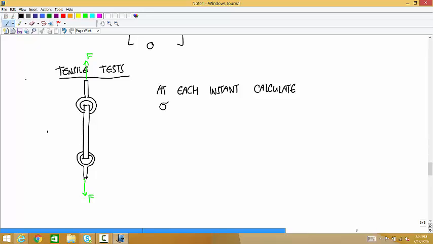the stress, and let's say we're using the x-axis along the axis of the sample in the loading axis. And so at each instant, we're calculating the xx stress, and let's say we're also calculating the xx strain.